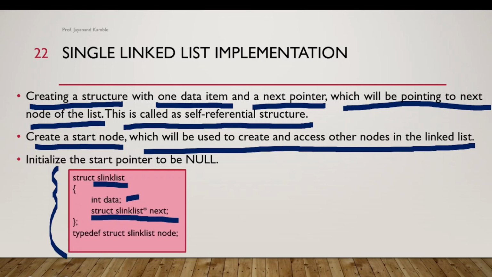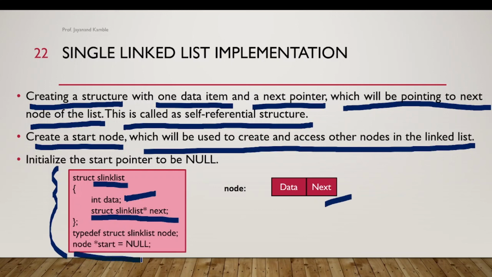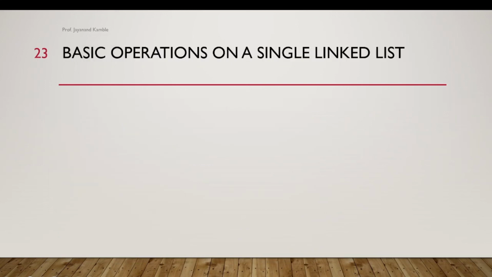Now, node data next. So this is the data and this is the next pointer. Okay. Now we will initialize start as null. That means initially my list is empty. That's why start is initialized with the null value. Okay.